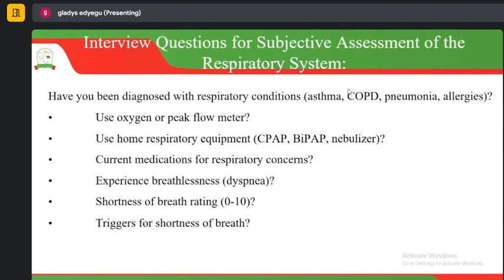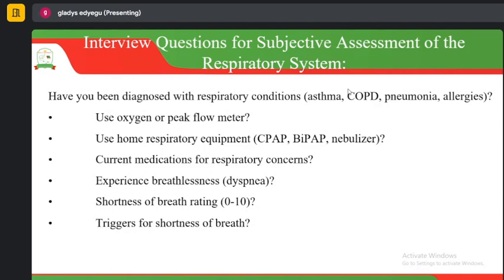So some of these problems can also be like chronic bronchitis, the inflammation of the bronchi. It can also lead to COPD. Then emphysema can also be one of them that can lead to chronic obstructive pulmonary disease.